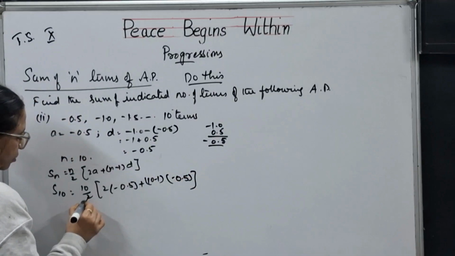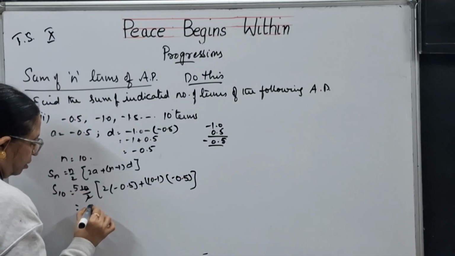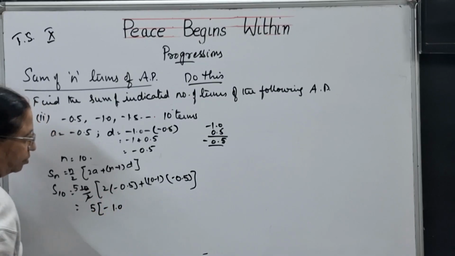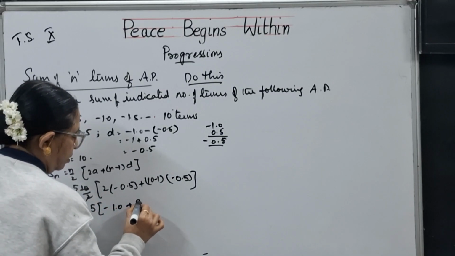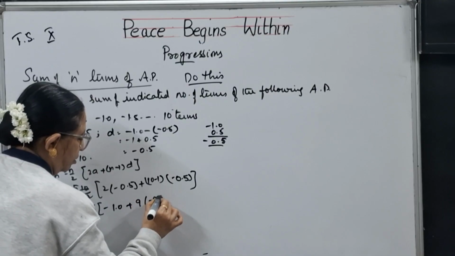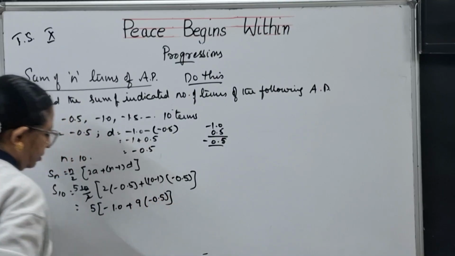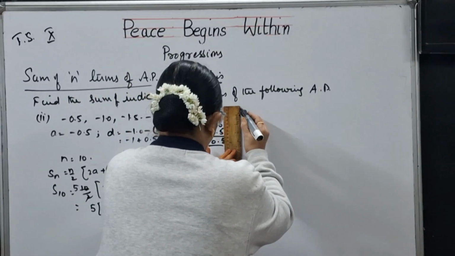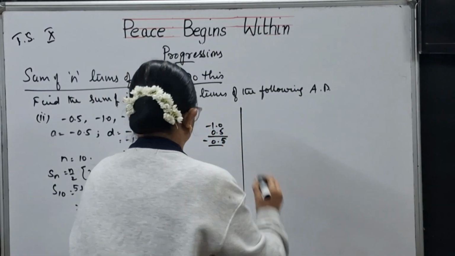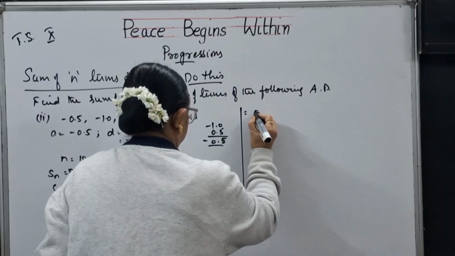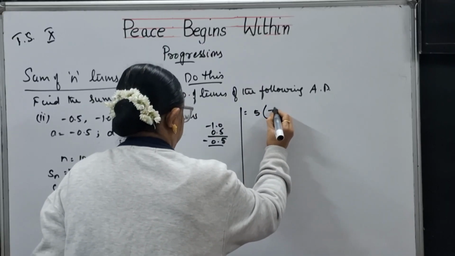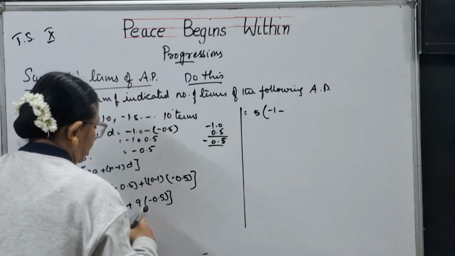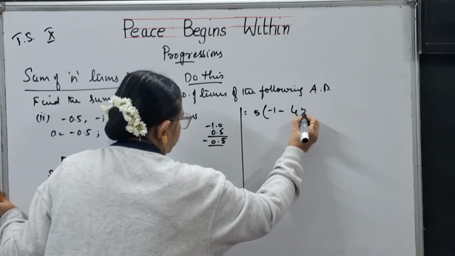This means 2 fives are 10, I can write 5 into minus 1.0 plus 9 into minus 0.5. So 5 into minus 1 plus, 9 fives are 45 but point.